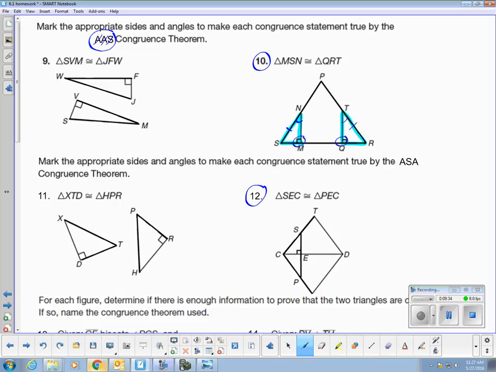Number 12, we need to show the triangles congruent by angle, side, angle. So we need to mark up the sides and the angles in triangle SEC and triangle PEC.